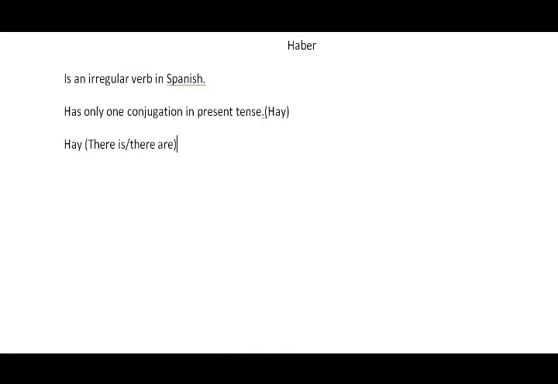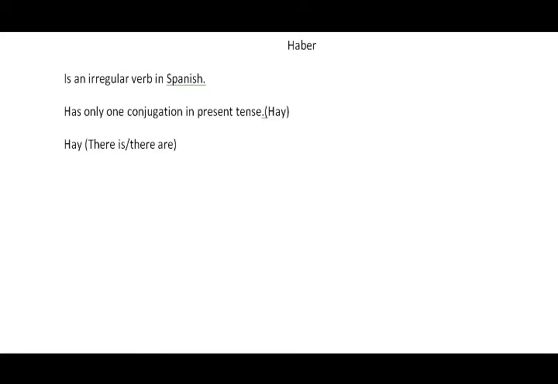So wherever in English we use there is or there are, in Spanish we use hay. Something that we need to keep in mind is that the verb haber in the present tense has only one conjugation, which is hay. There is no other conjugation in the present tense.